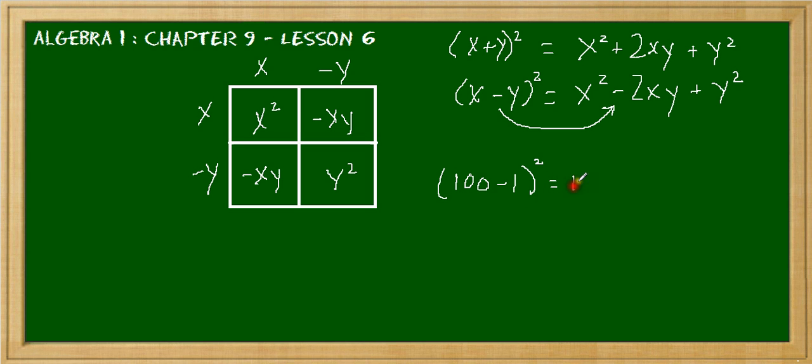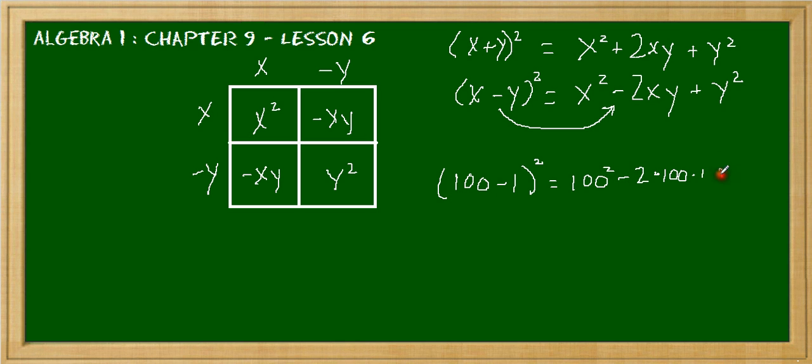You can see that you end up with 100 squared, right? We're squaring the first term. The second term, we multiply negative 1 times 100 times 2. So we would have negative 2 times 100, and I'm going to put times 1 here because I already put the negative here. It's only one negative, so we know the answer is going to be negative.